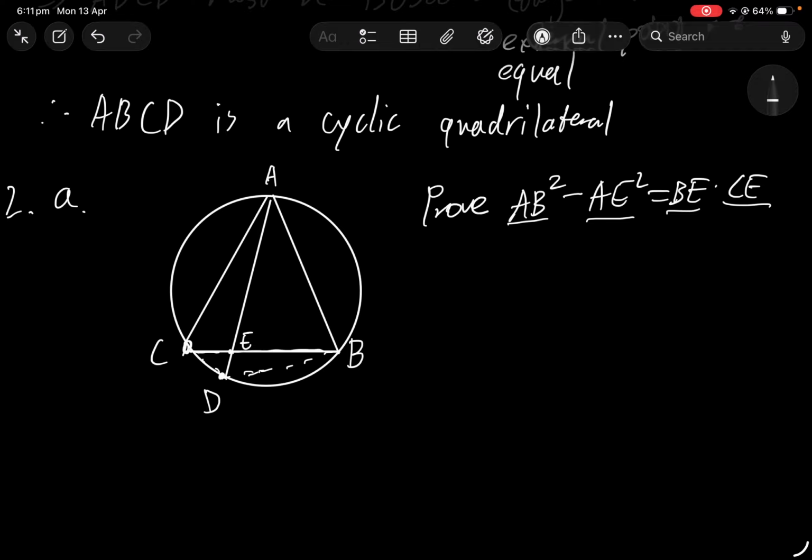So then basically, because we have AB and AE, we're probably gonna use this triangle with the bigger triangle as they're probably congruent.